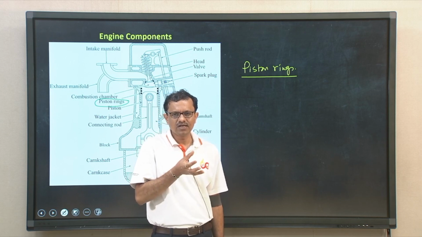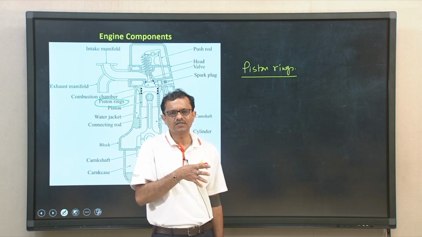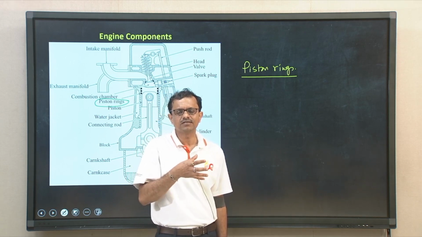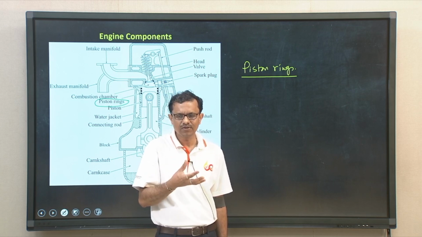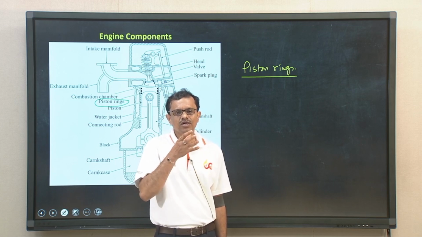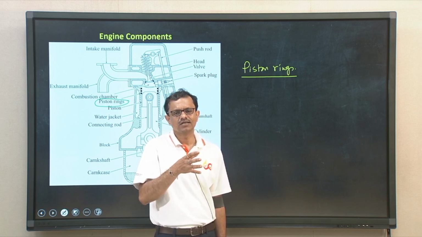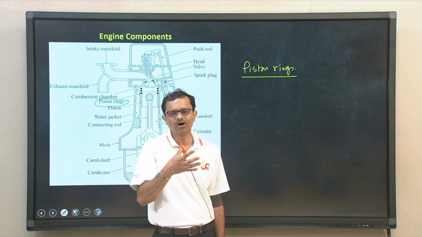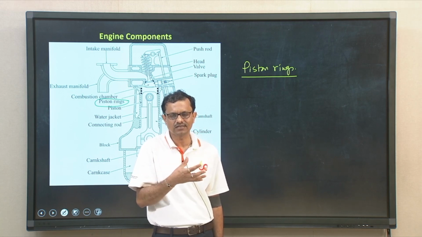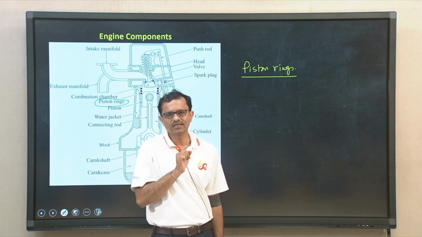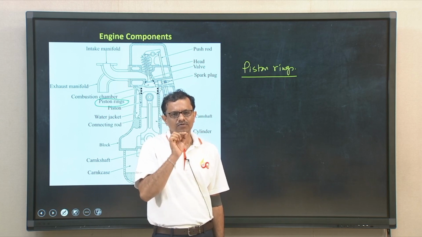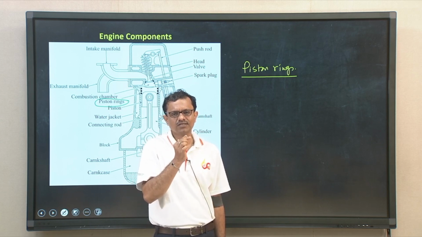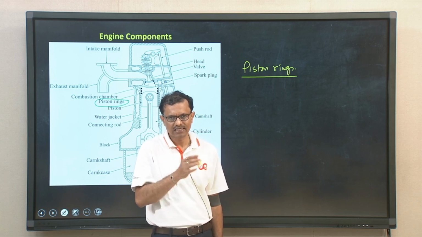So, piston rings are provided with the piston to increase the piston's life and also to prevent or restrict the possible leakage of high pressure combustion gases through the passage formed between the piston outer surface and the cylinder inner wall, that gap.